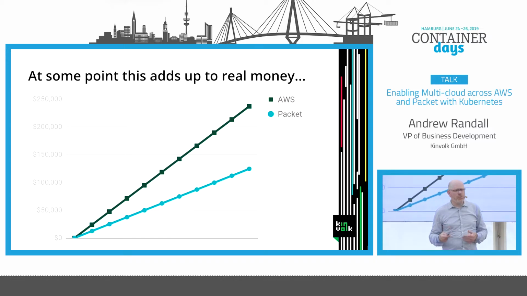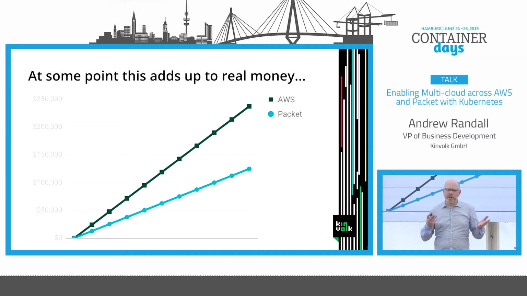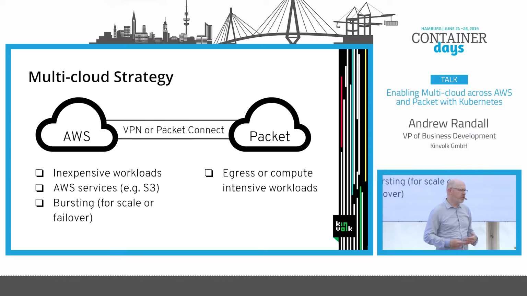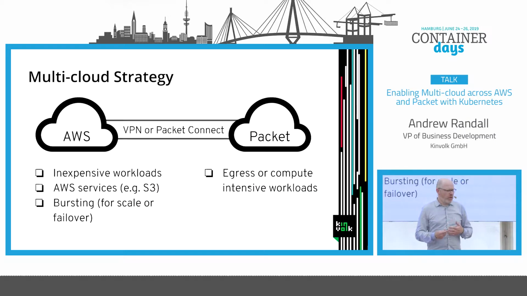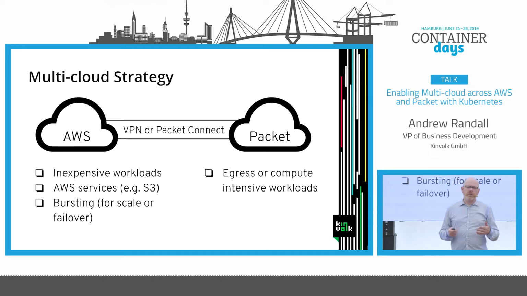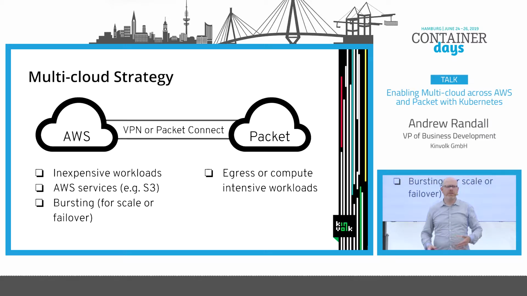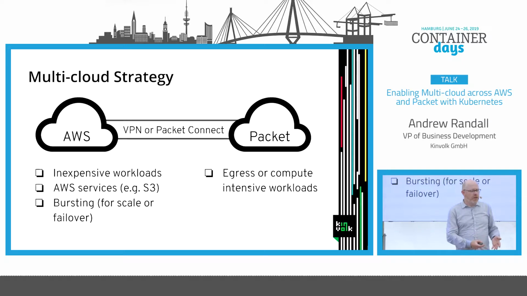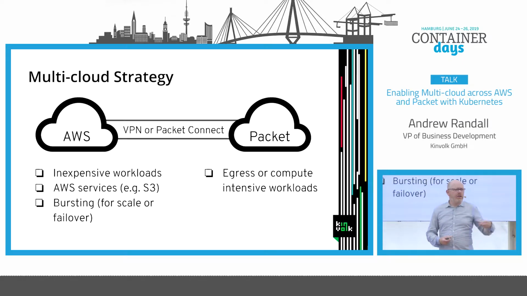But it got to a point where this was a sufficiently large delta that they couldn't ignore it, and they came to us for help in taking the application they had running in AWS and moving into this multi-cloud environment to save money. And the strategy here, and one of the reasons why we're talking about multi-cloud rather than just moving everything into Packet, is there's a lot of things that AWS does give you. There are some services, like S3 or RDS or other things that you might be using with AWS, which you might want to keep using.